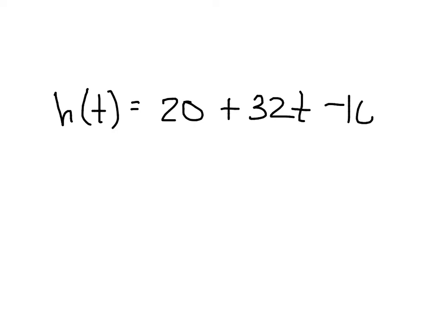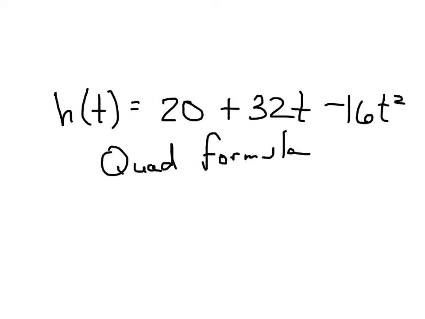So when it gives you, like in number 4, h of t equals 20 plus 32t minus 16t squared, use the quadratic formula, and what you get for your answer, that's what it's asking you. Basically, you're finding x. Same with number 5, and number 6 is the same type of thing.